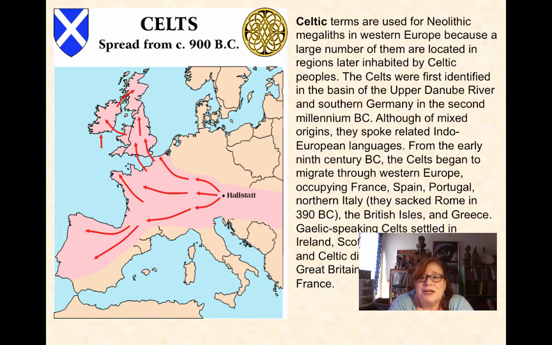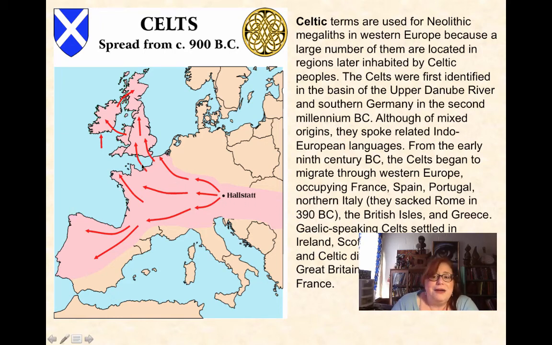So the Celts were first identified in the basin of the Upper Danube River and southern Germany in the 2nd millennium BCE. And although they're of mixed origins, they spoke related Indo-European languages. From the early 9th century BCE, the Celts began to migrate through Western Europe, as you can see on this map here.